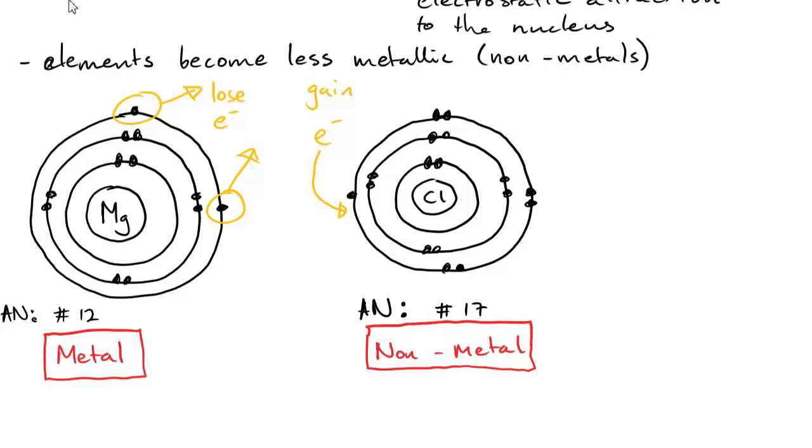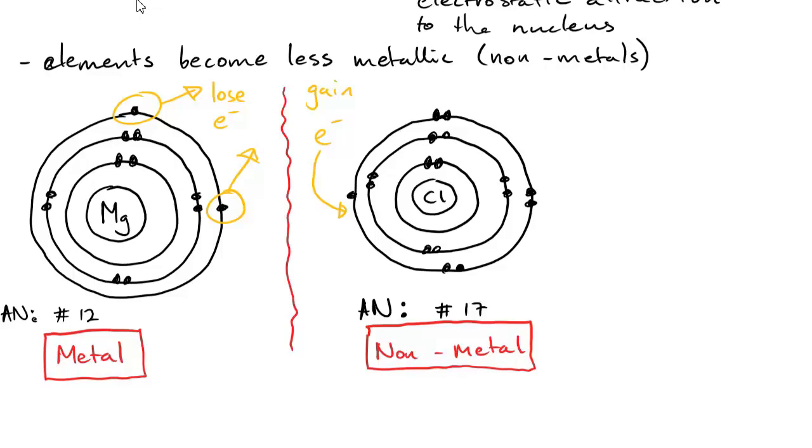Now, let's have another think about this. Let's go back to that statement that I just wrote a moment ago, that as you go across the period from the left-hand side towards the right-hand side, the elements become less metallic.